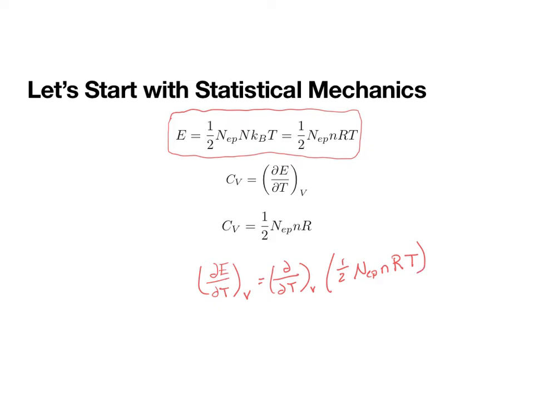And I know that the derivative with respect to T is just going to be this 1/2 NEP NR term. And so I get that this term is equal to CV, 1/2 NEP NR.